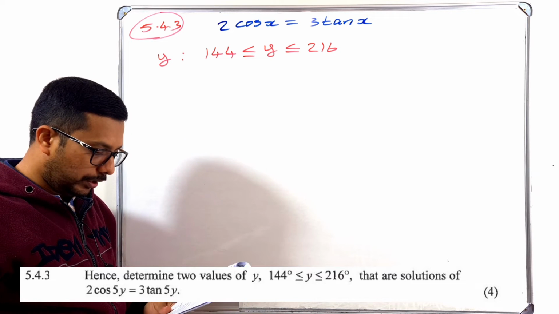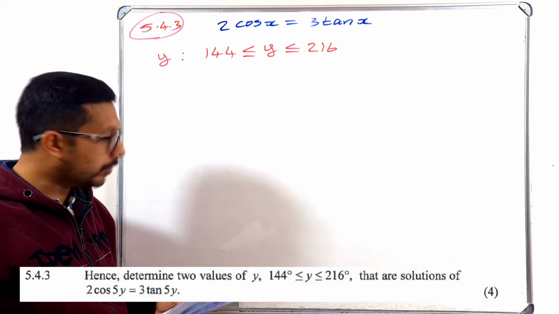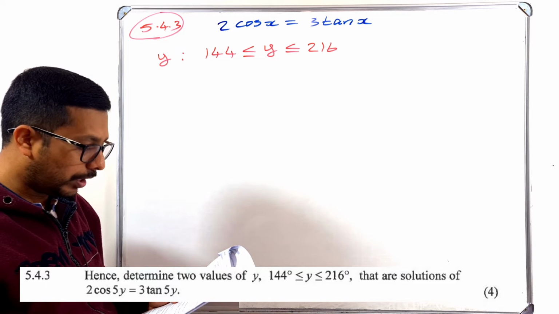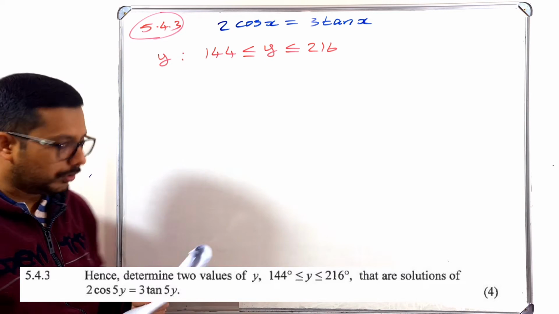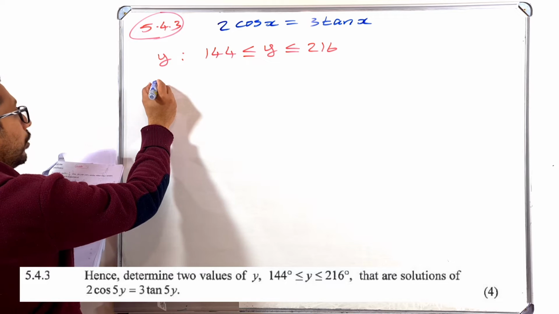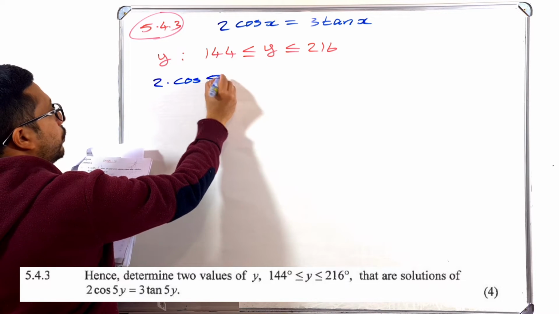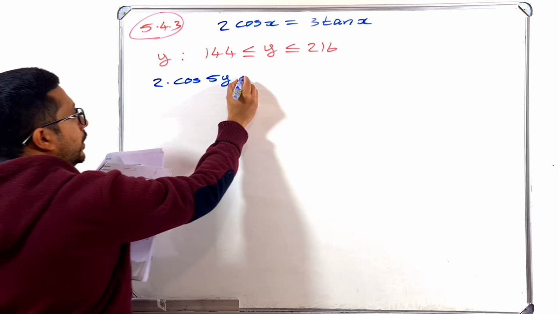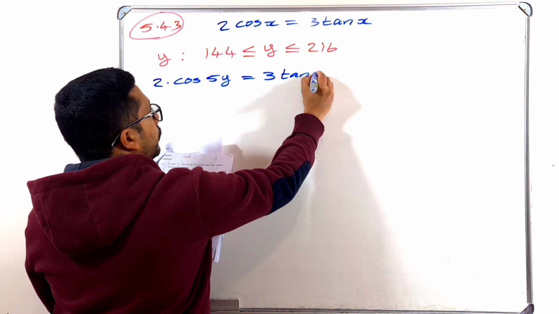Now, what are the solutions of 2 cos 5y is equal to 3 tan 5y? So you have to find two values of y that are solutions of 2 cos 5y is equal to 3 tan 5y.